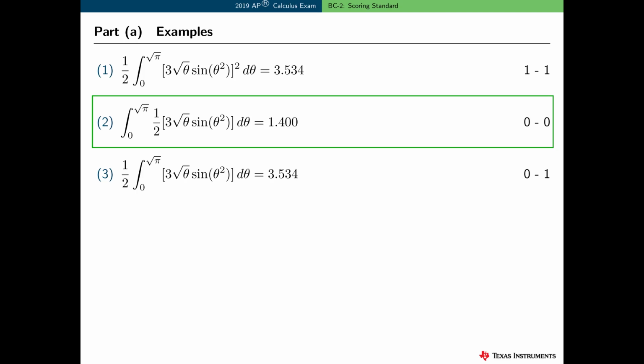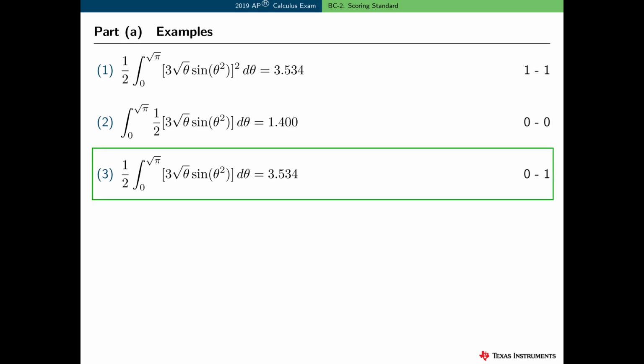This earns 0, 0. In Example 3, the student does not have the correct integrand. They do not earn the first point. But the bounds are correct, the 1/2 is present, and 3.534 is the correct answer. This is treated as a presentation error. The student does not earn the first point, but earns the second.